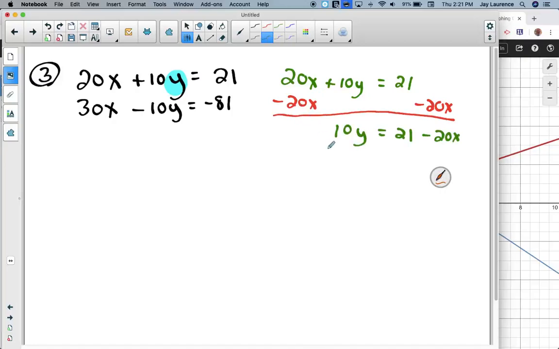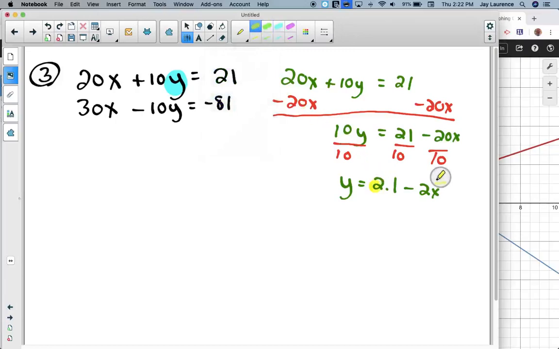Now, I have to divide by 10, but I have to do it all 3 places, right? Okay, so y is going to equal 2 1/10 minus 2x. Well, that's not so bad. Now to substitute, that was what I needed to do. That's like the prep work to substitute.